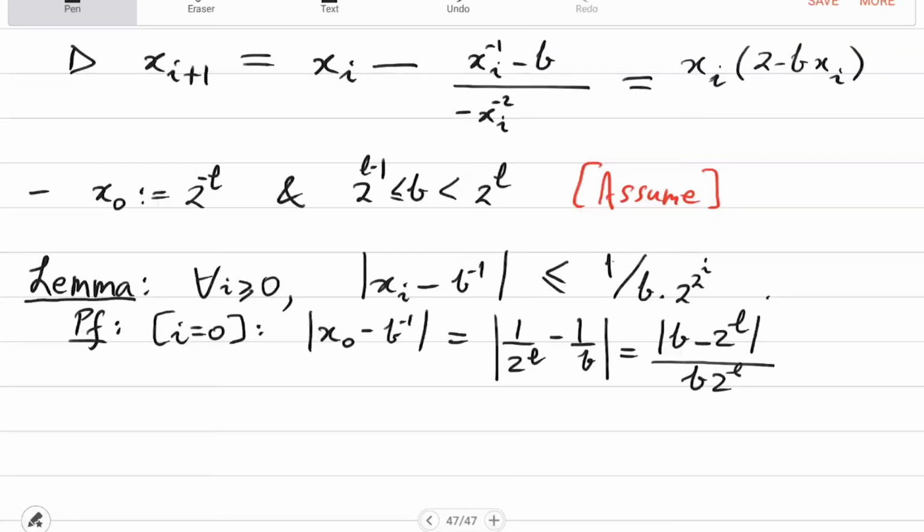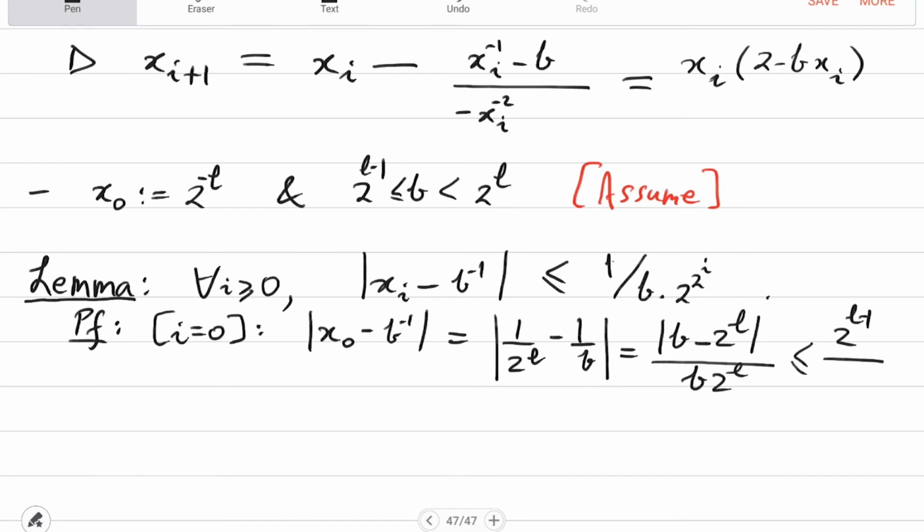You use the fact here that the b minus 2 raised to L value cannot exceed 2 raised to L minus 1. It is at most this.